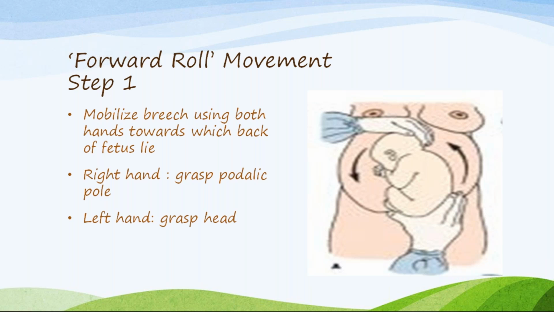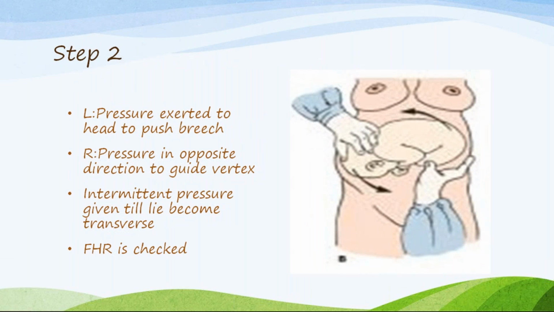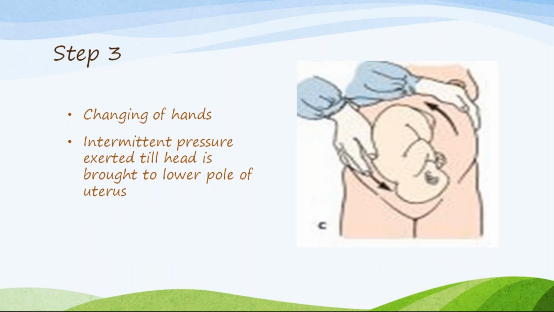Remove one hand, then put the other. Then you try to push the head downward. So now your hand position is changed. This hand has come this side, the other hand this side. You are not crossing your hands.